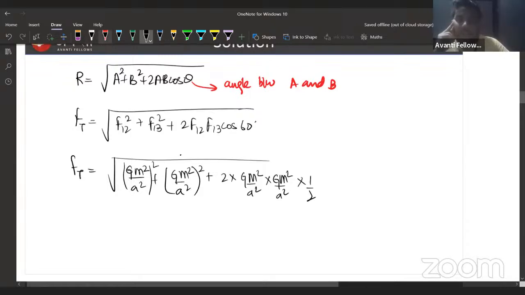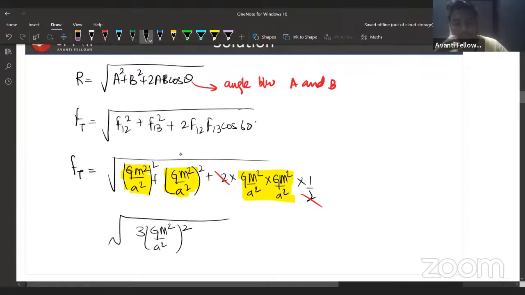So what will happen here? These 2 and 2 will cancel out. This is GM square by a square whole square, GM square by a square whole square, and this will also become GM square by a square whole square. All these three are like terms, so they will add up and give us the square root of 3 times GM square by a square, to the power 2.